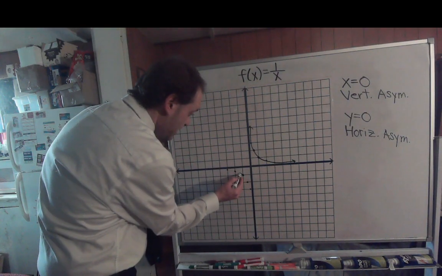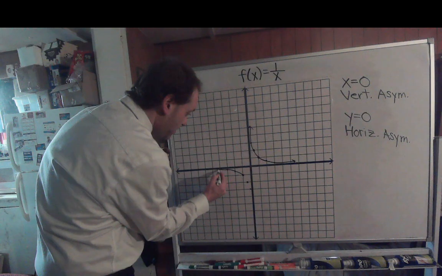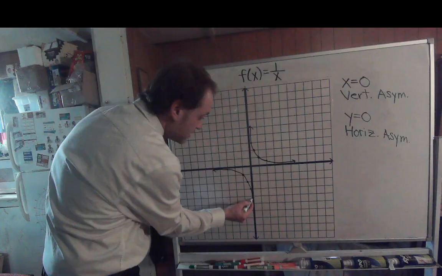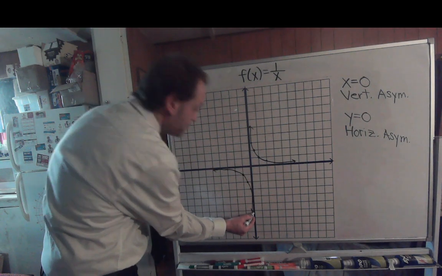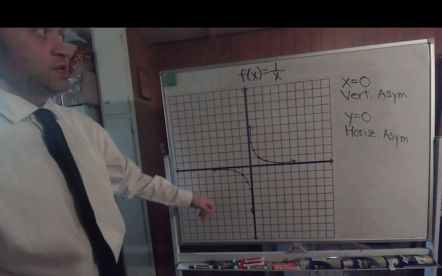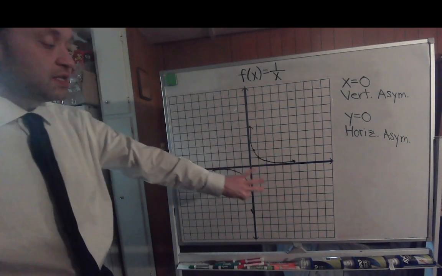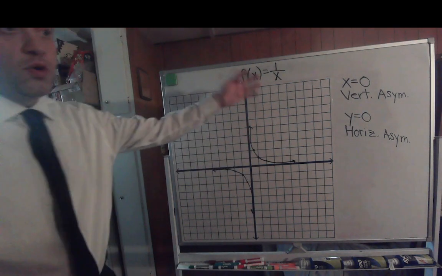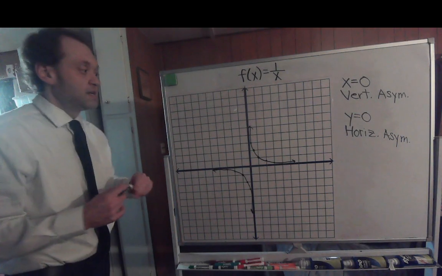So now let's go ahead and connect this side here. And this is what you're going to have. You have two branches of this rational function, to the right of x equals 0 and to the left of x equals 0. But x never actually equals 0 because that would give you an undefined value.